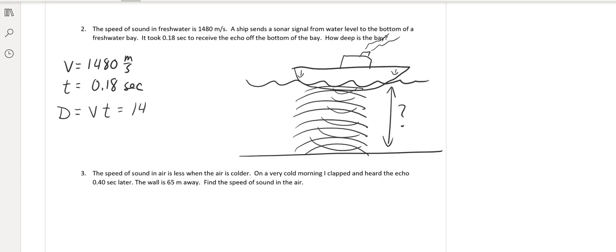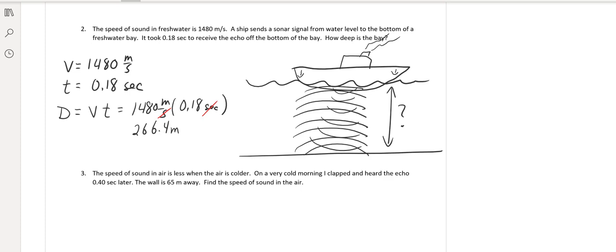That would be 1480 meters per second times 0.18 seconds. Seconds in the numerator cancels seconds in the denominator, and 1480 times 0.18 is going to be 266.4 meters. However, that's the down and back distance.